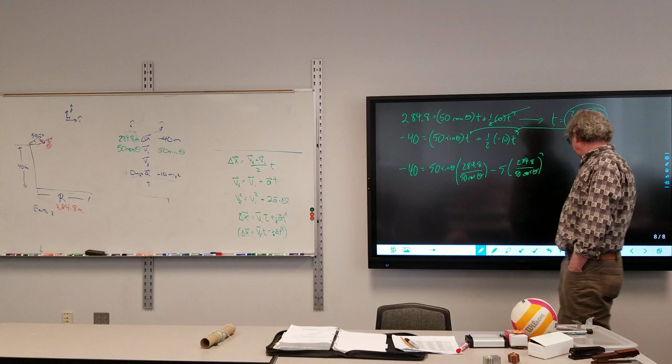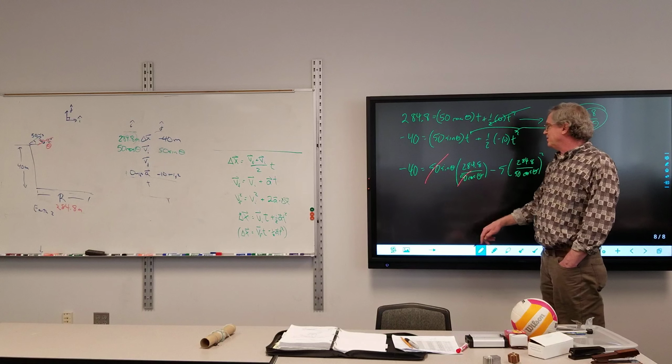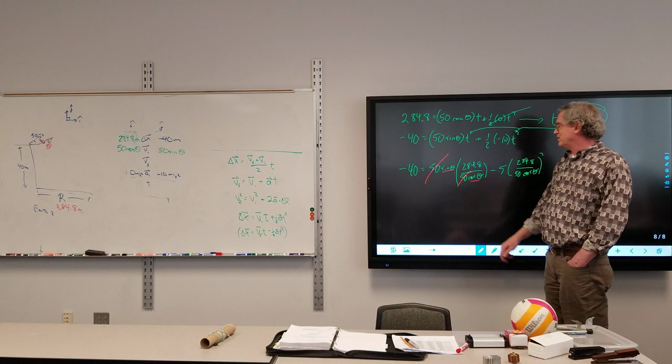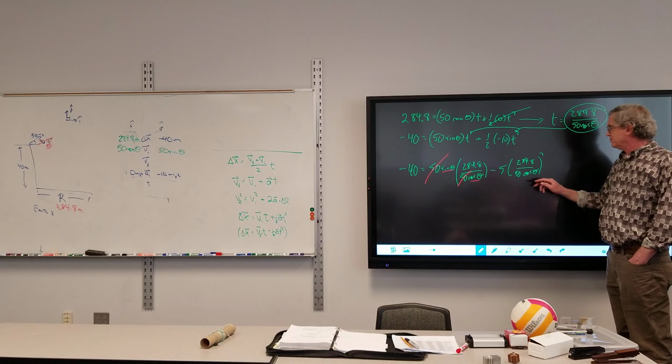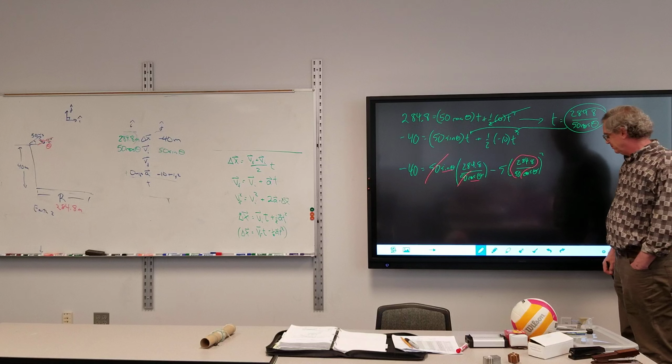All right, let's get rid of some stuff. The 50 and the 50 cancel out. I'm left with sine over cosine, which is tangent. And over here, I've got that thing squared times 5.